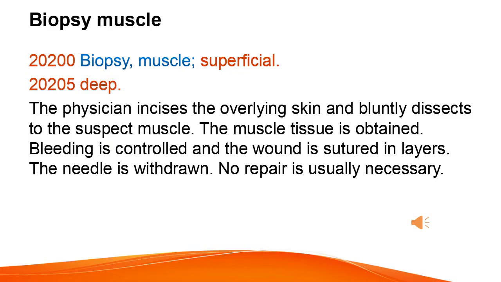Biopsy, muscle, superficial. Deep. The physician incises the overlying skin and bluntly dissects to the suspect muscle. The muscle tissue is obtained. Bleeding is controlled and the wound is sutured in layers. The needle is withdrawn. No repair is usually necessary.